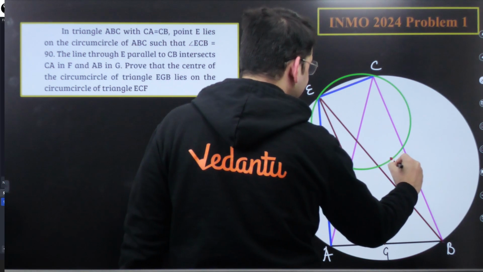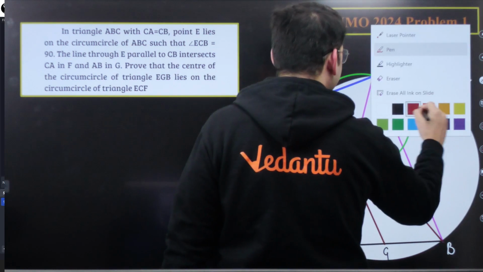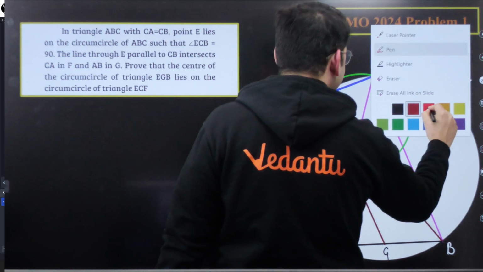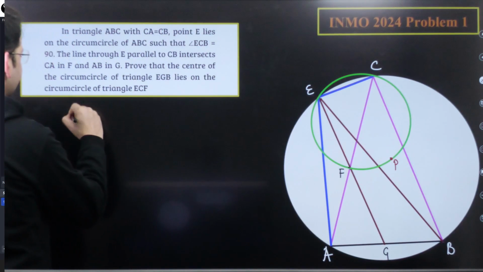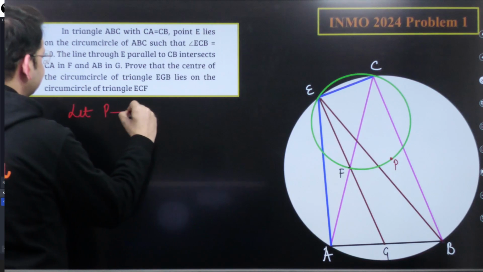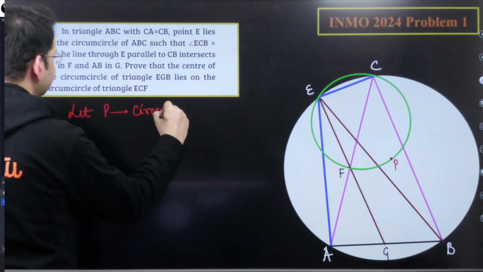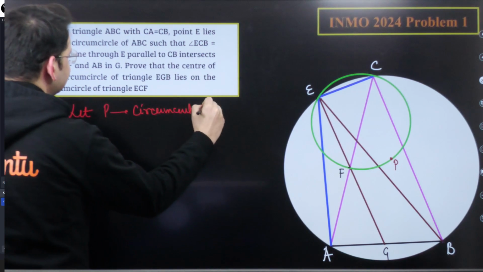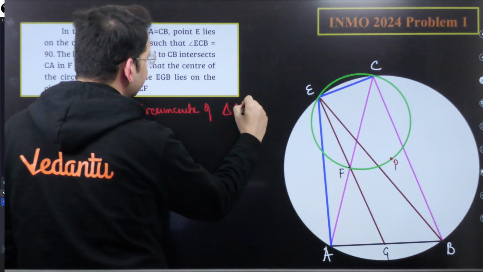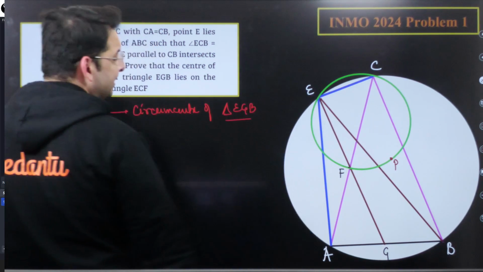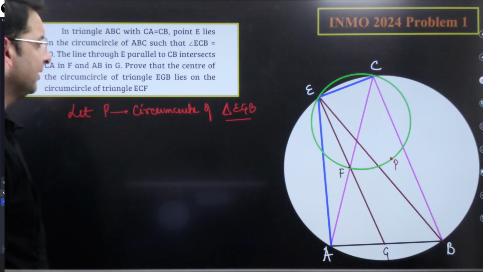P would be somewhere. So let P be the circumcenter of triangle EGB.